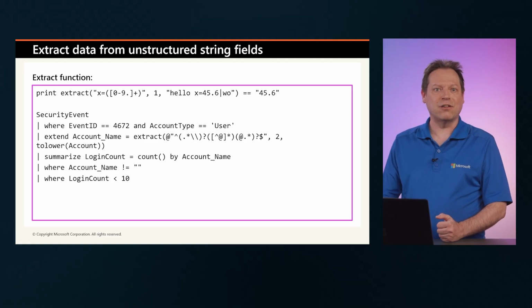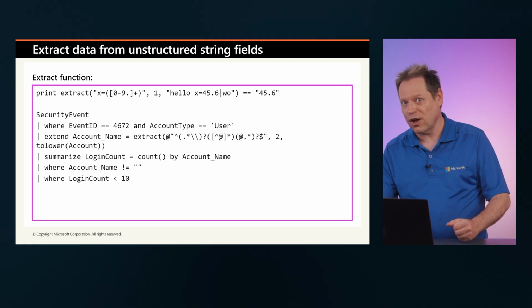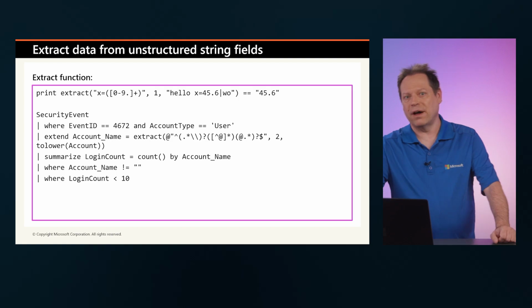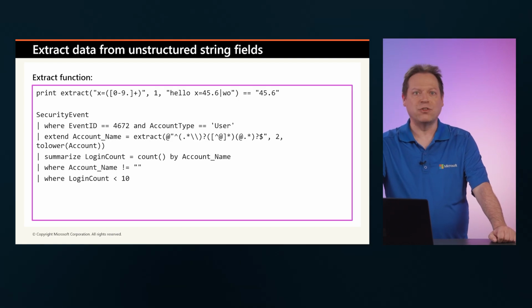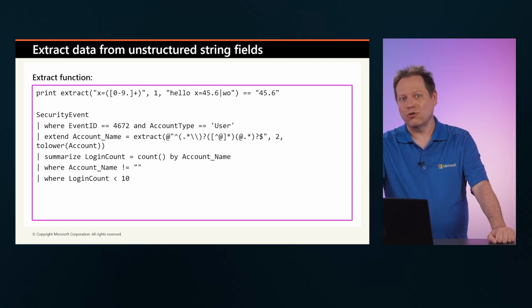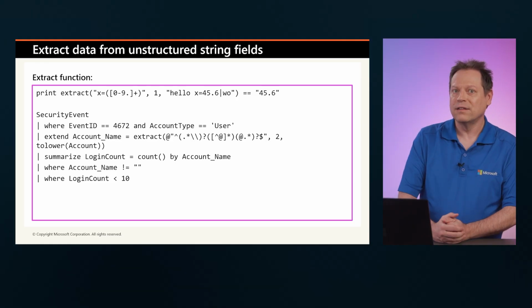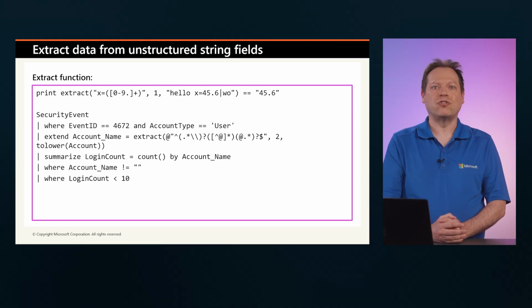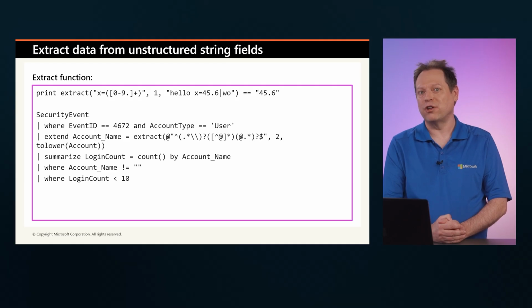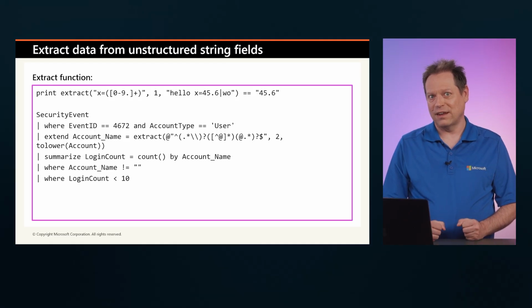Once the account name is extracted, you can summarize a login count by AccountName, exclude empty results, and then filter to accounts with fewer than, say, 10 logins. An approach that can help highlight rare privileged logins worth investigating.